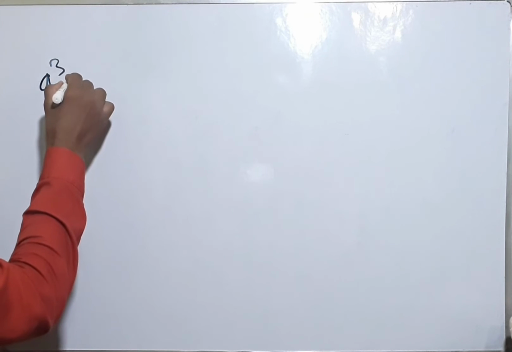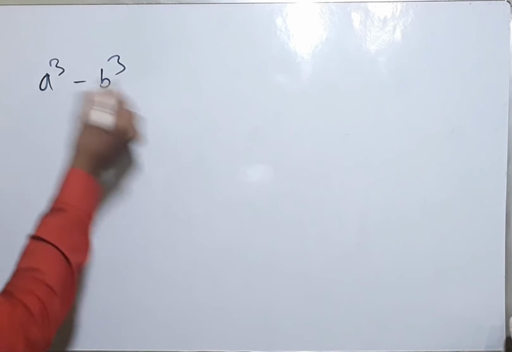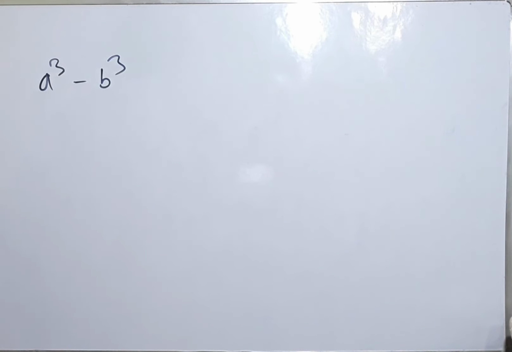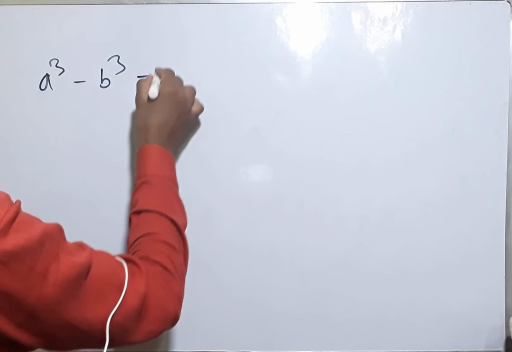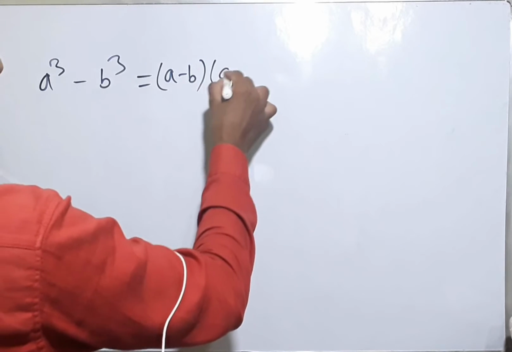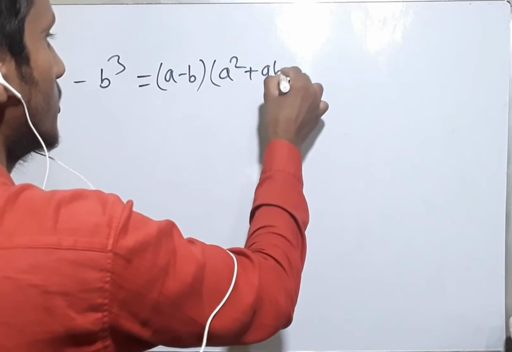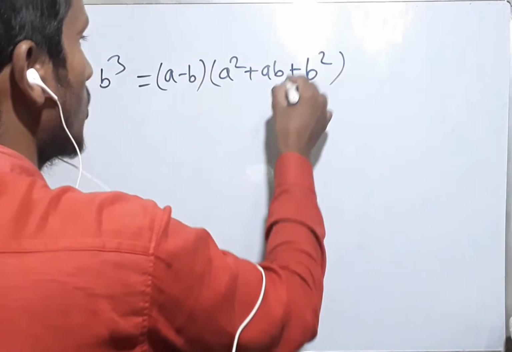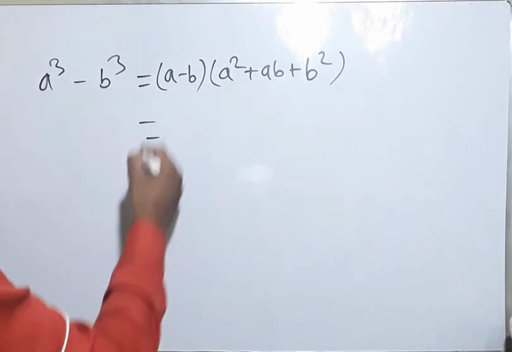First is a cubed minus b cubed. Let's deal with this, the proof of this one. This thing is equal to a minus b times a squared plus ab plus b squared. All we have to do to prove it is multiply it.